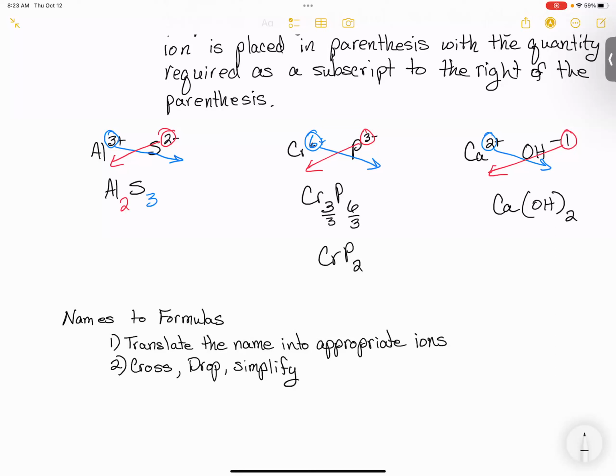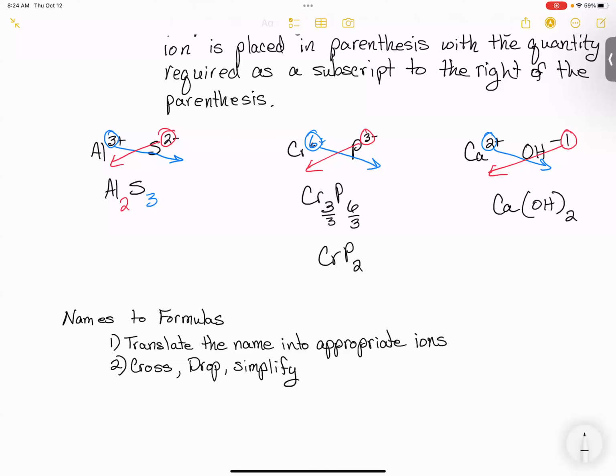You will either be given just the name of the metal, and if I'm given just the name of the metal, what does it mean? The charge stays the same.